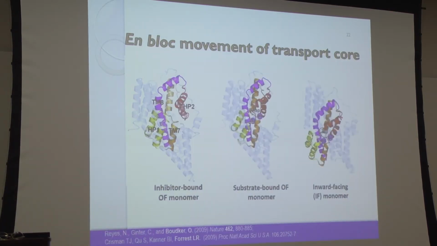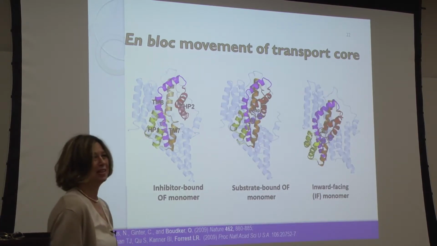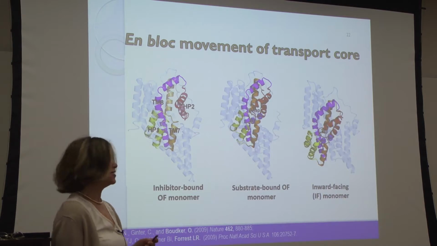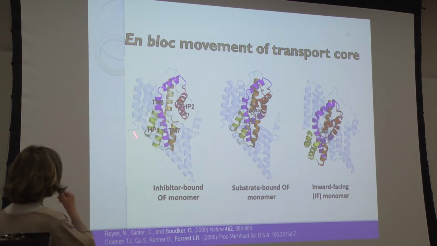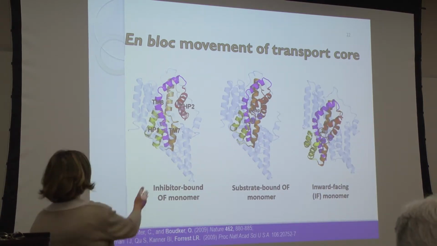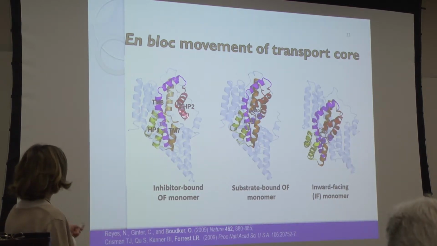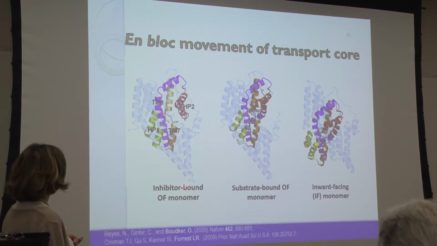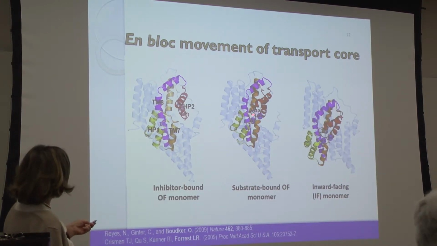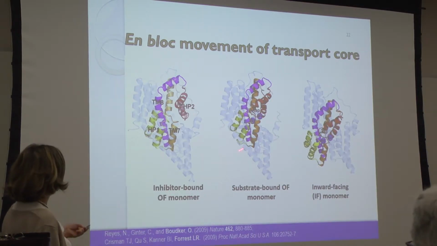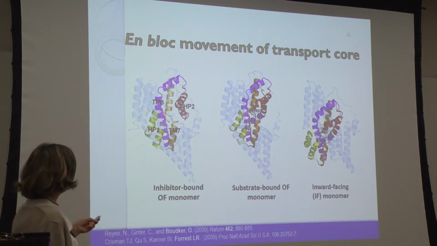Now, the idea was, if we examine more closely what's happening, and I think this is really a fascinating example. The outward facing single subunit here in the original state. Don't worry about inhibitor, but it's still outward facing, whether it is inhibitor bound or substrate bound here.